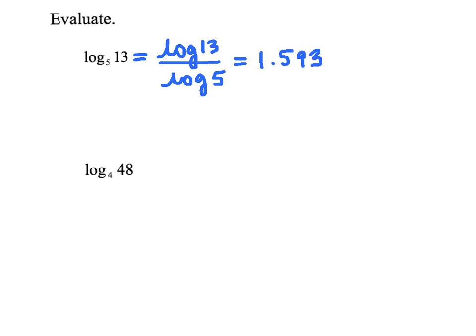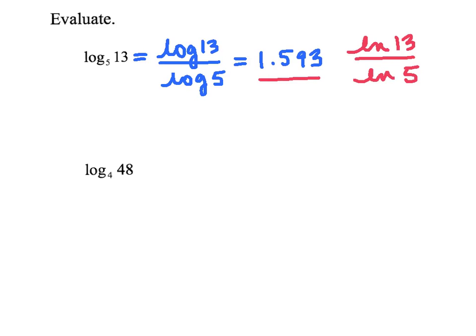What I'd like you to do now is, instead of using common logs, let's use natural logs. Let's express this as the natural log of 13 divided by the natural log of 5. Go ahead and pause the video, use your calculator again, and then put the video back on. If you did it correctly, what you've noticed is the natural log of 13 divided by the natural log of 5 is also 1.593.